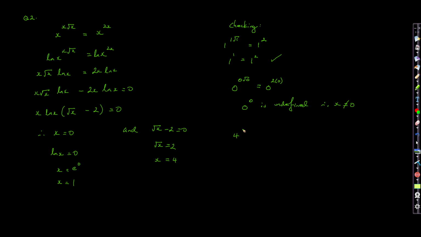So 4 root 4, is that equal to 4 to the power of 2 times 4? That's 4 to the power of 2 there, 4 times 2 is 8, and this is also 4 to the power of 8, so that seems to be fine. So from that checking, x equals 1 and 4 only.